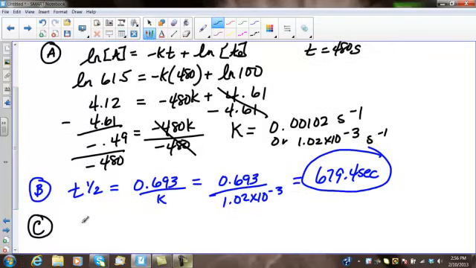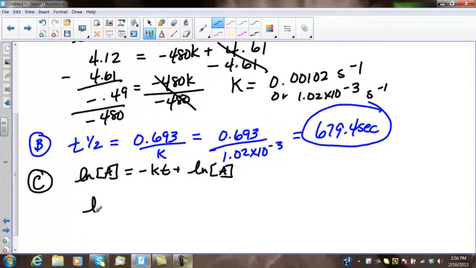So in C, if we have this formula, ln A is equal to negative kt plus ln A initial, we can solve by saying ln of A over A initial is equal to negative 1.02 times 10 to the minus third t.